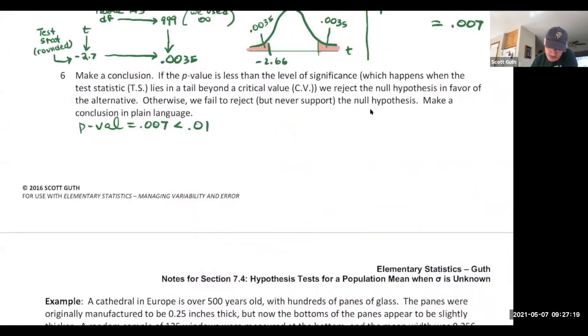And it says if the p-value is less than the level of significance, we reject the null hypothesis in favor of the alternative. So that means we're going to reject H0. We're going to support HA, and that would say that the mean roll on the die is not 3.5.